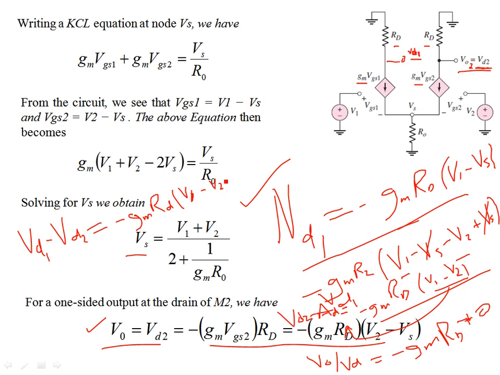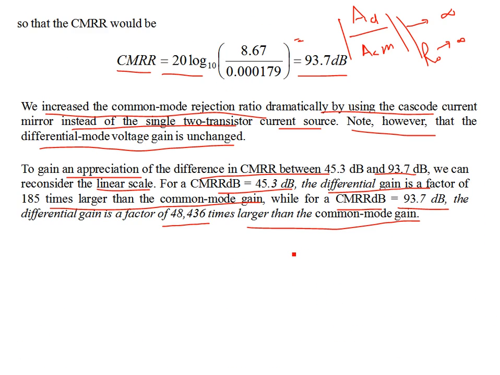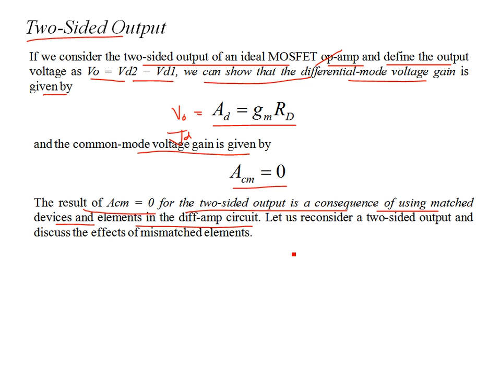Then there will be some more terms due to the difference in RD of the two drain resistors, and due to the difference in GM. So you will again have this expression V0 in terms of AD VD minus ACM VCM. So you will have a finite common mode gain if there is a small shift in the transconductance gains of the two transistors. So let us reconsider the two-sided output again to discuss the effects of mismatched elements.